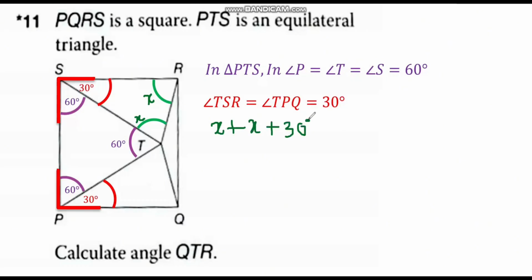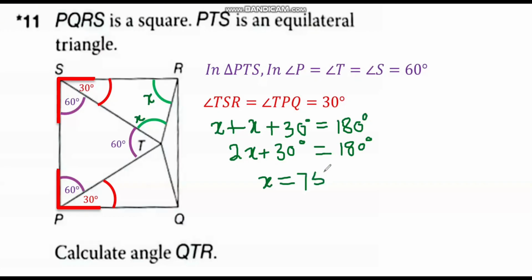All the angles should add up to 180. So if we solve this simple linear equation, we get 2x plus 30 degrees equals 180. If we subtract 30 from both sides and then divide both sides by 2, we get the size of x as 75 degrees. It means that the base angles of this isosceles triangle will be 75 degrees.